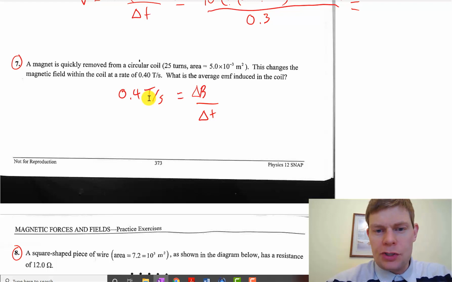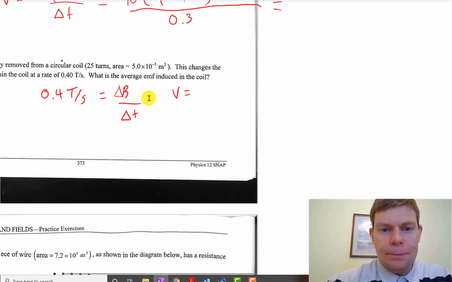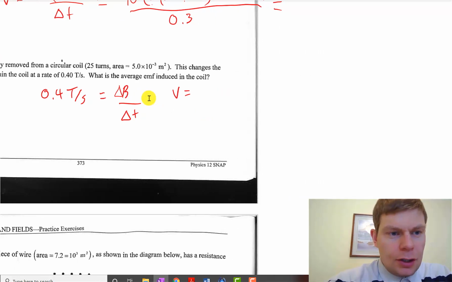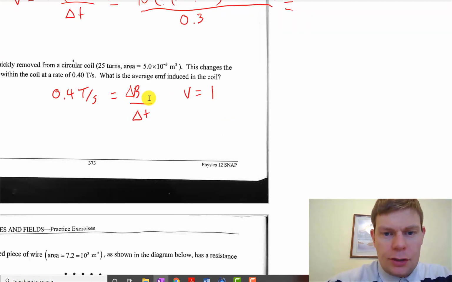So we're just going to use this as both variables in our formula. V equals our number of coils times our change in flux, which in this case is our magnetic field that's changing, delta B A all over delta T.